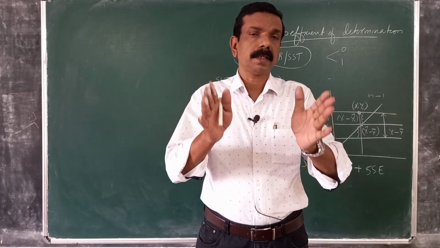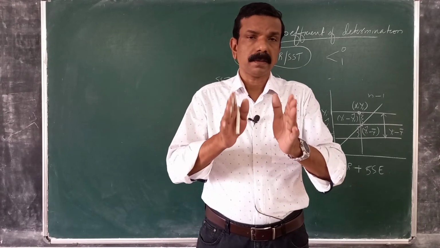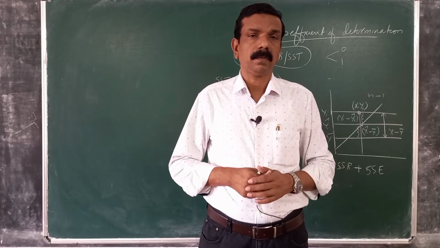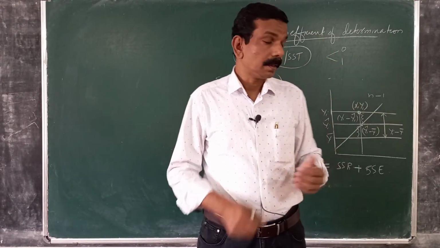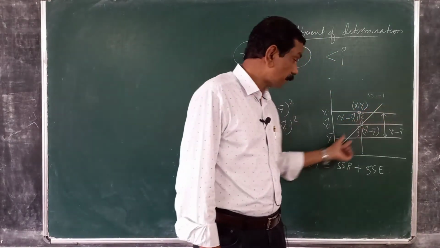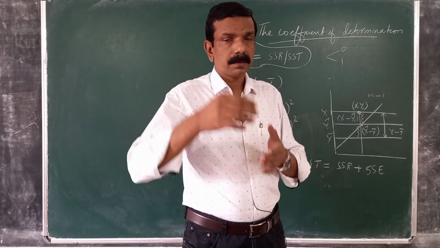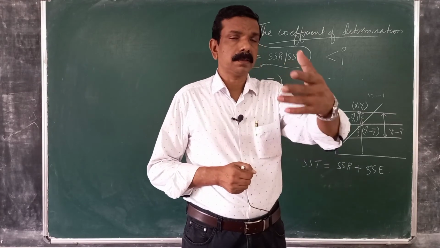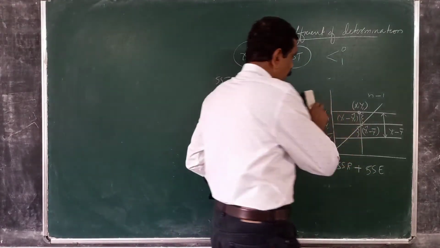Typically, R square lies between 0 and 1. Close to 1 means the regression equation is quite useful for making predictions; close to 0 means it is not very useful for making predictions.